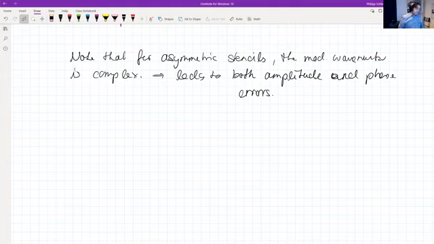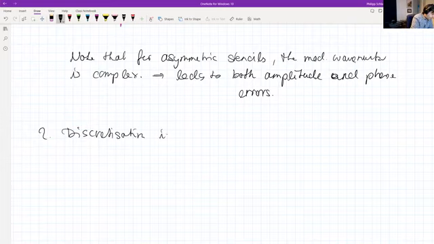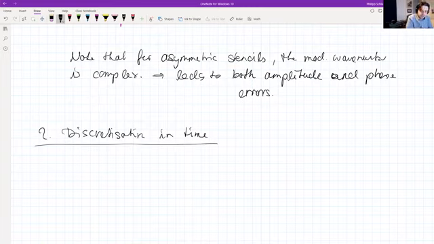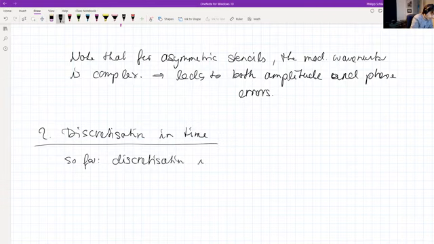Okay, but then let's just continue with the next chapter, which is quite short, and that is about discretization in time. So before we have talked about space, now we talk about time.